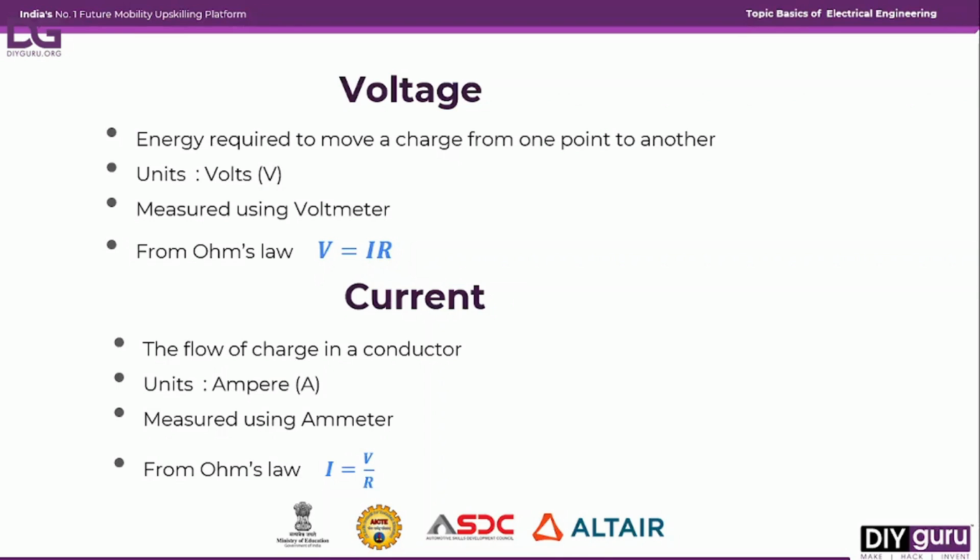The unit is amperes, and it is measured using an ammeter. From Ohm's law, I is equal to V by R, where V is the voltage across the element and R is the resistance of that element.